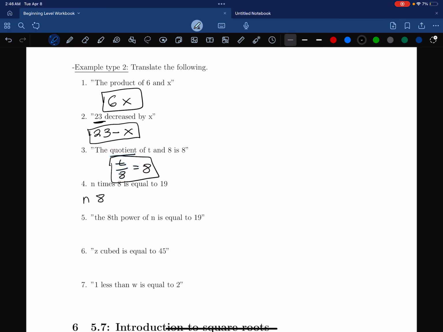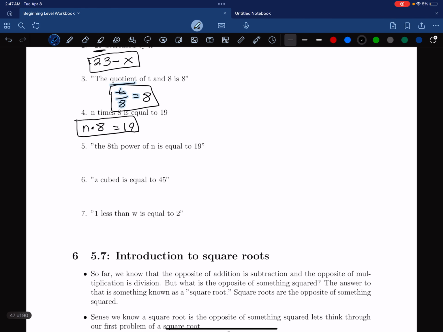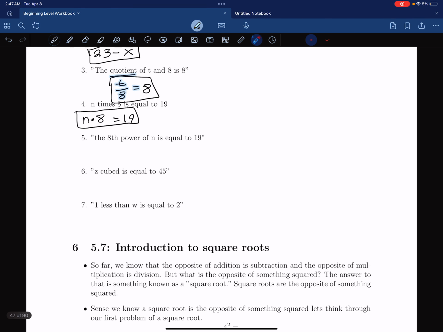If you haven't yet worked through any problems, I encourage you to try 5, 6, and 7 on your own before we work through it together. And assuming you have worked through it, let's work through it. So we have example 5, which is the 8th power of n is equal to 19.